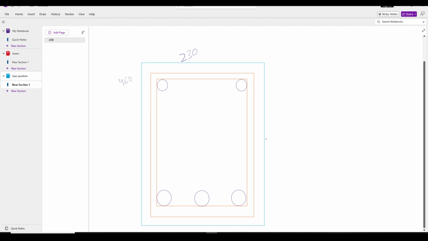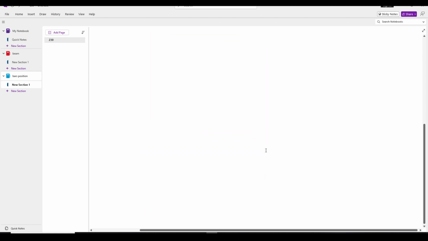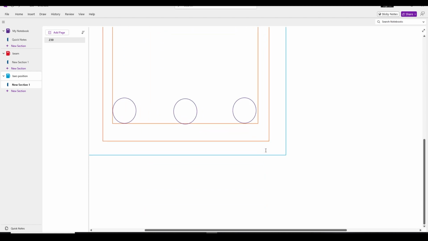The width and the depth we know. Let's take this as the ordinate point, and from here to here let's take 25 mm. This is the effective cover, and here to here 25 mm. So we have calculated the position of this bar: in x direction 25, in y direction 25.